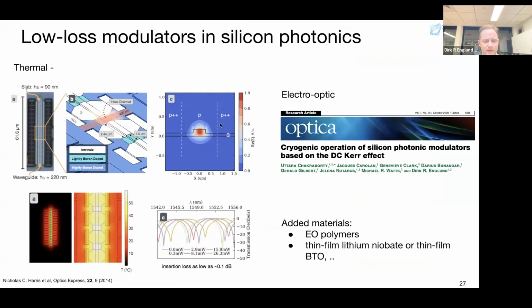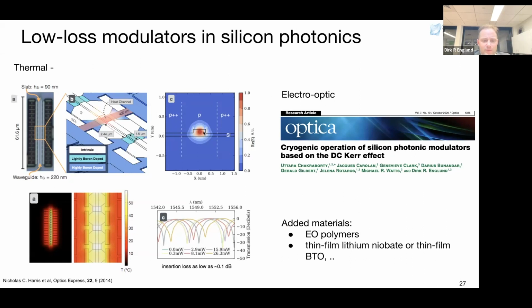So I said the phase shifters are thermal. What happens there is that you run some electrical current through the waveguide, through a heavily doped region. Here you see the cross section of that waveguide. We know how to make it single mode, using our script. And here's the mode, plotted in two dimensions.